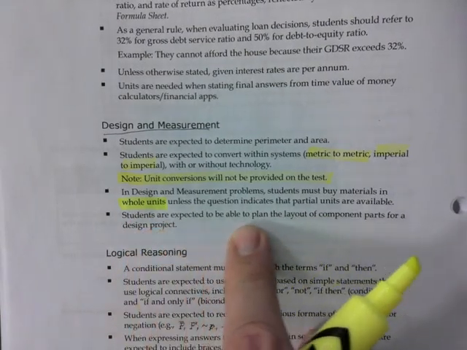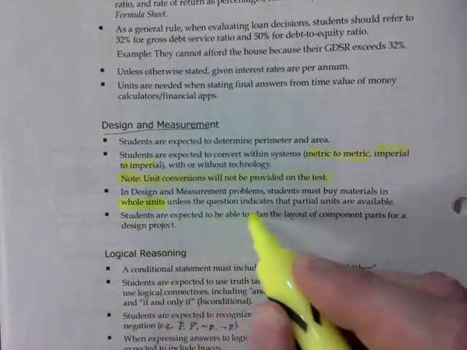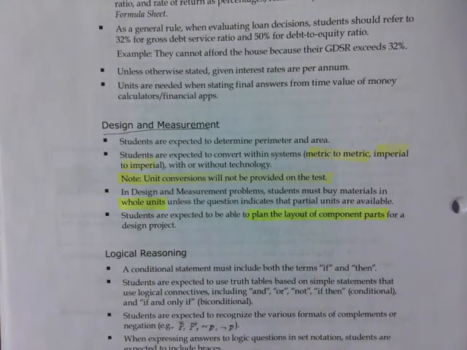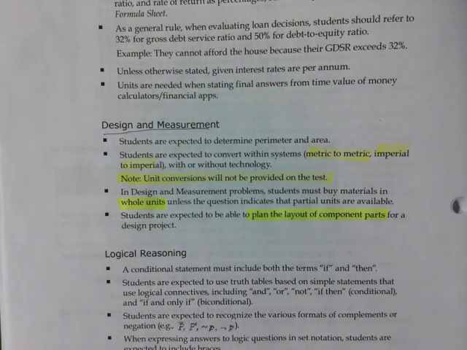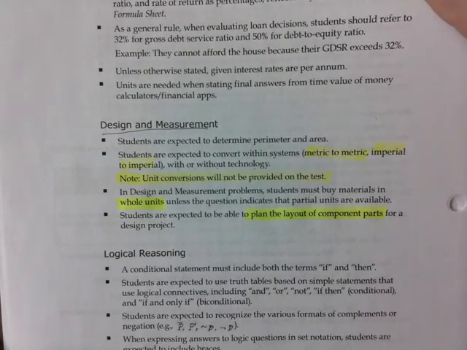And you're expected to be able to plan the layout of component parts for a project. So we're going to do that starting tomorrow. Hey, you're doing this project in your yard or your house, calculate the cost of renovations and whatnot, which I did already a little bit in grade 11 applied. Remember the rentals of the room?